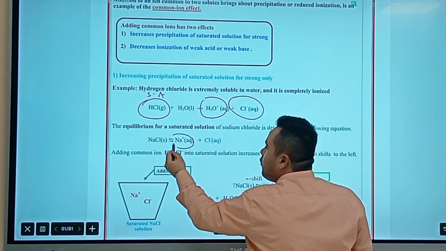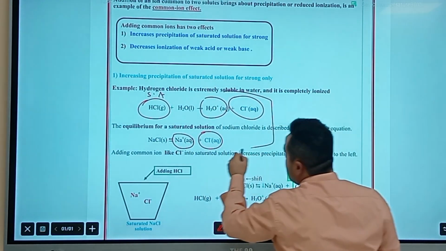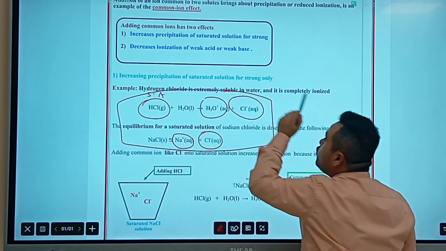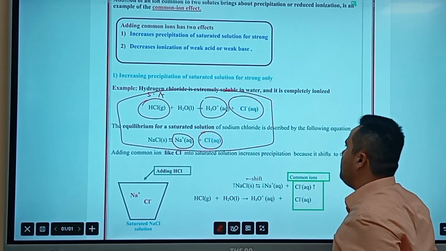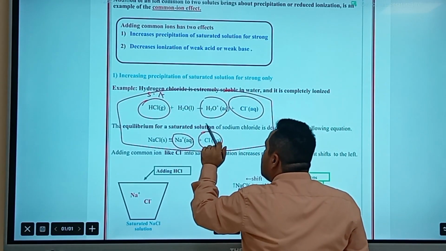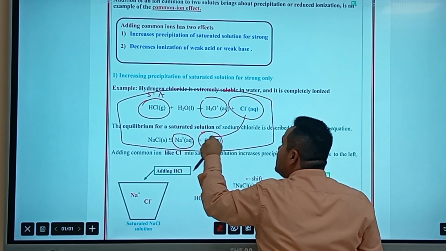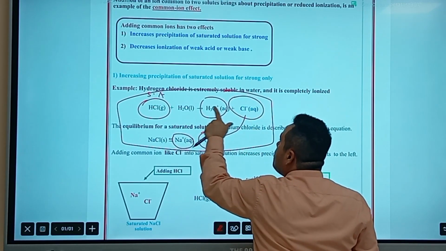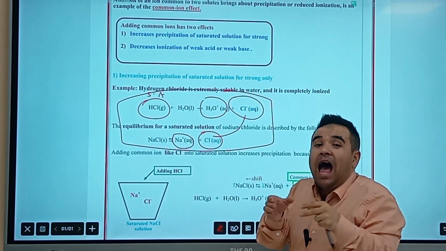NaCl dissociates to form Na and Cl. Guys, when we add these two together, what will happen? Let me tell you what will happen. You know, guys, this Cl from the NaCl is common with the Cl from HCl. This is the common ion.